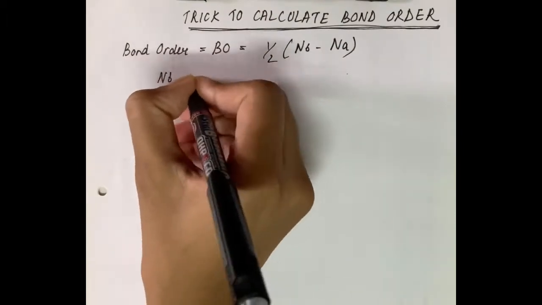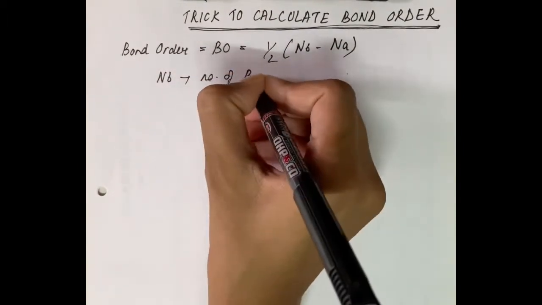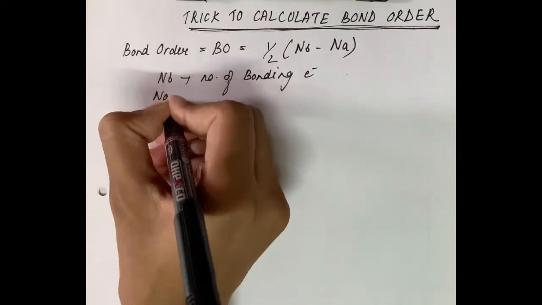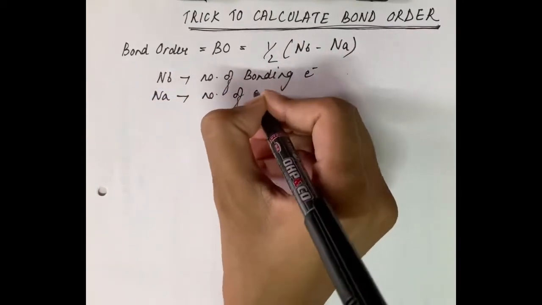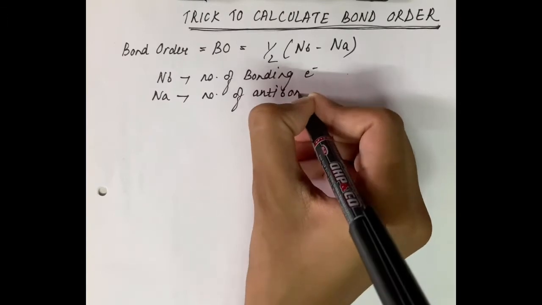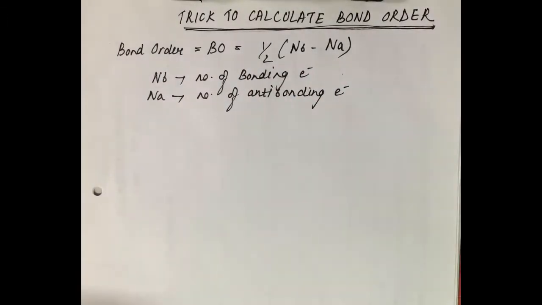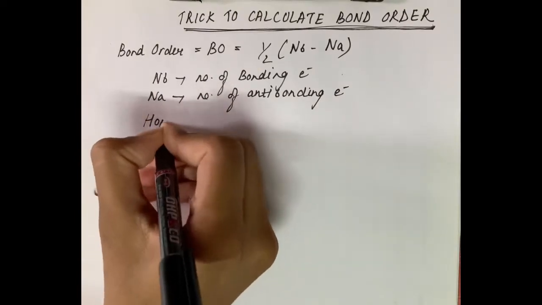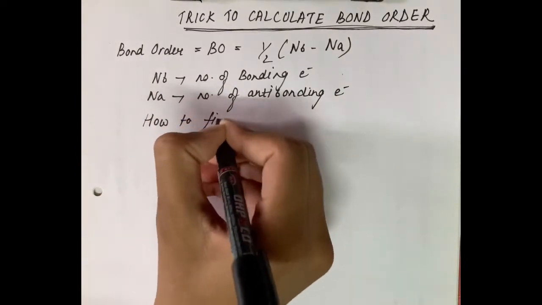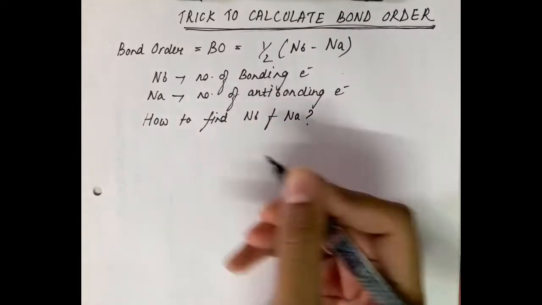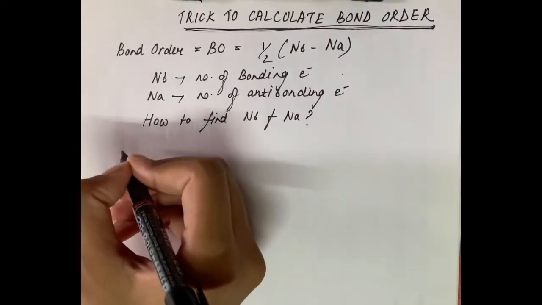Here, NB represents the number of bonding electrons and NA represents the number of anti-bonding electrons. So now, the question arises, how to find NB and NA?